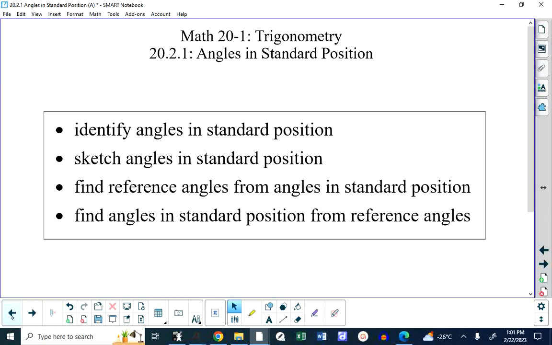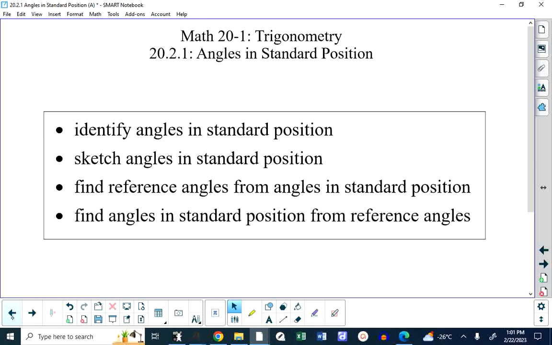To begin with, we're going to be looking here at lesson 2.1, section 2.1 in your textbook, and I've broken this down into 2 lessons. Today's lesson covers a couple of very narrow ideas, a couple of things that you need to know to move on. It's almost always about terminology in this lesson, although there's going to be a little bit of numerical math. We're going to be identifying angles in what are called standard position. We need to know how to sketch an angle in standard position.